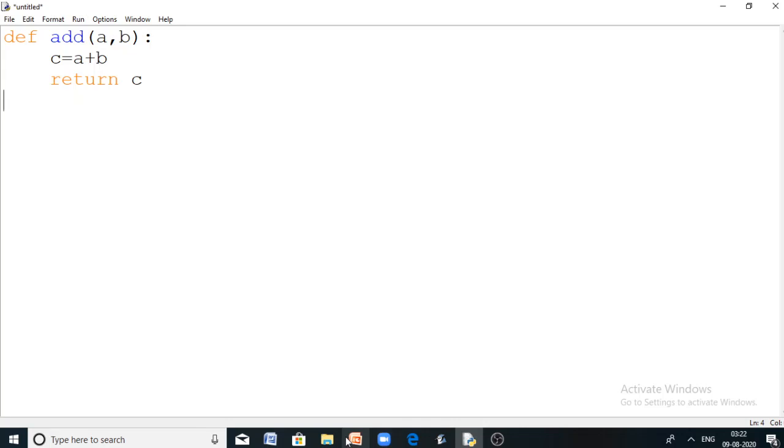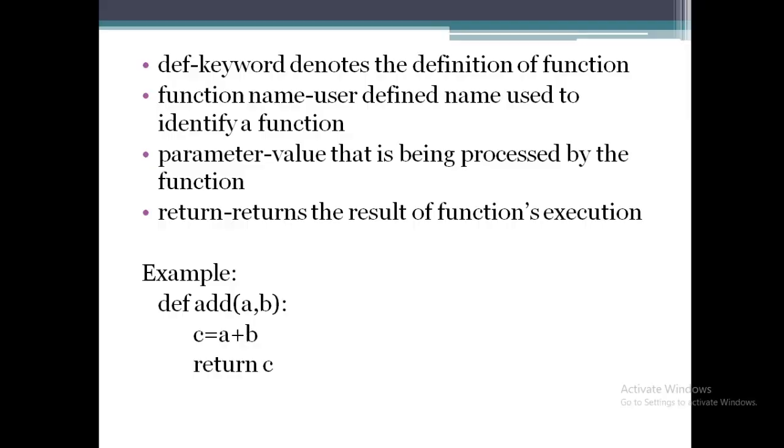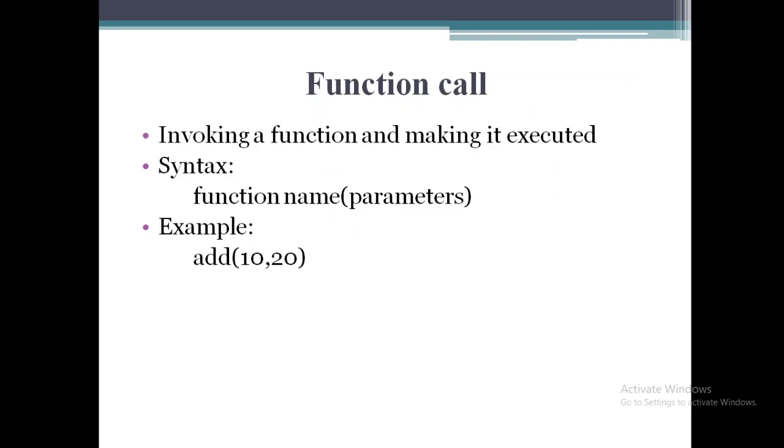Now let us move to the next content. Next one is, you are writing the function, but there is no use of that function if you are not using it. So the definition of the function is there, but if you are not using that function for the required purpose, then there is no use for that function.